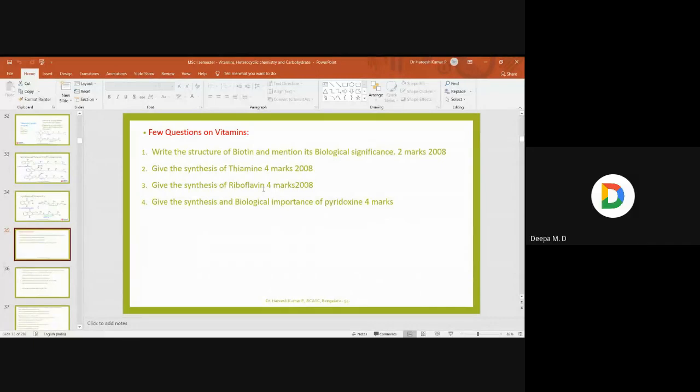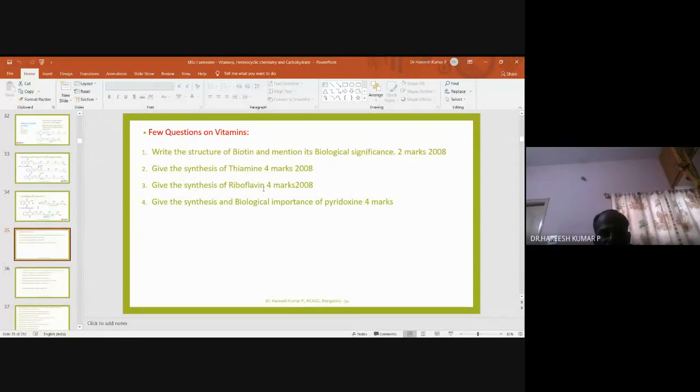Yes, sir. Okay. So in organic chemistry you should be able to write the scheme in most cases. Only in some cases you have to explain it in terms of words. The word explanation is for the student to understand the scheme clearly.